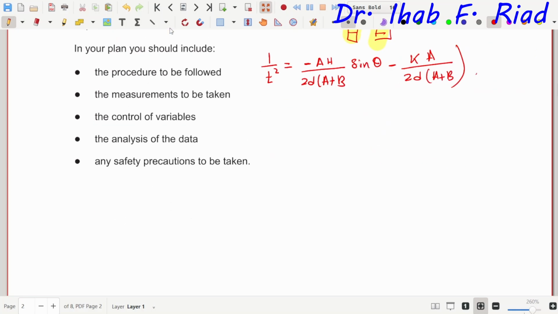Remember that the equation of a straight line is y = mx + c. So this is the dependent variable, this is the independent variable, this is the gradient, and this is the intercept.